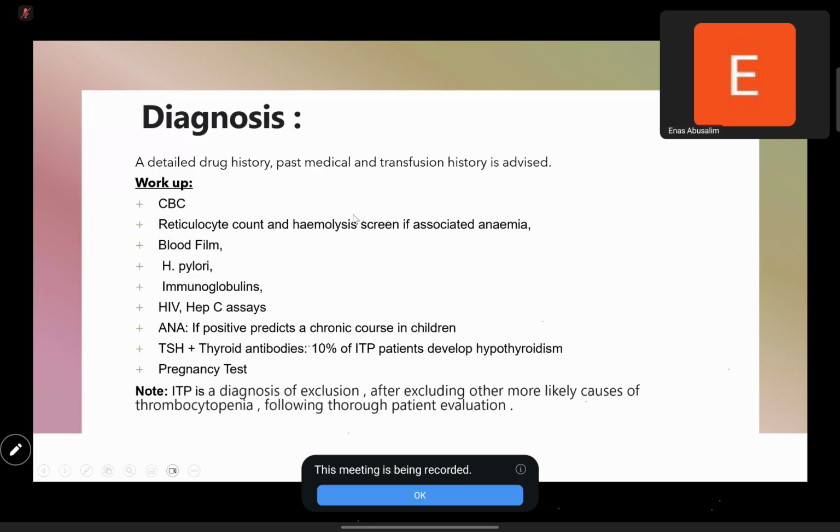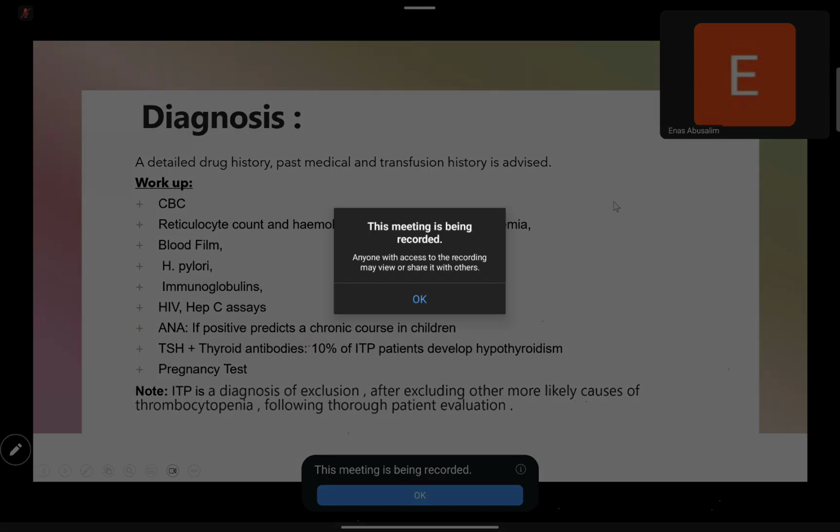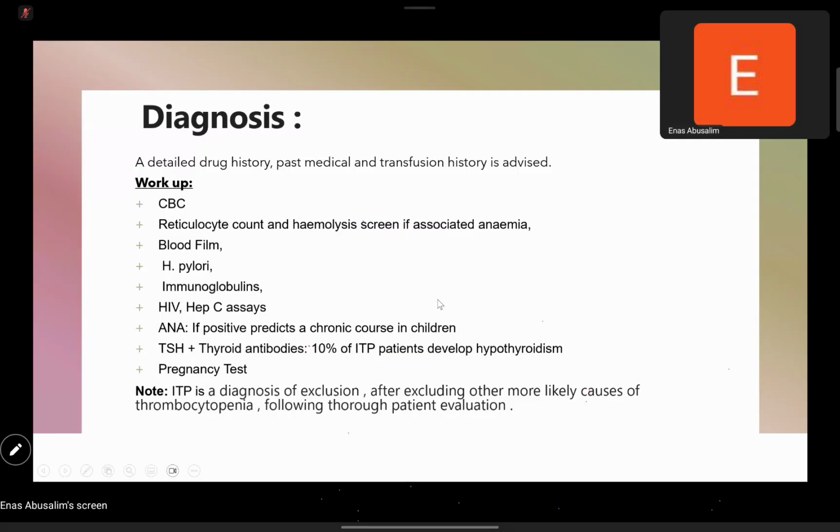A reticulocyte count and hemolysis screen is important if the patient also has anemia, because this could indicate a microangiopathic hemolytic anemia, or it can also indicate that the patient has autoimmune hemolytic anemia along with thrombocytopenia, which is called Evans syndrome. A blood film is very important to assess platelet morphology, confirm that there's actual thrombocytopenia and it's not a lab error, and make sure that the red blood cells are normal and there are no fragments.